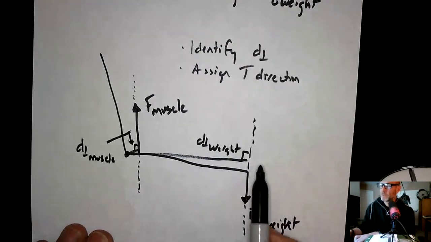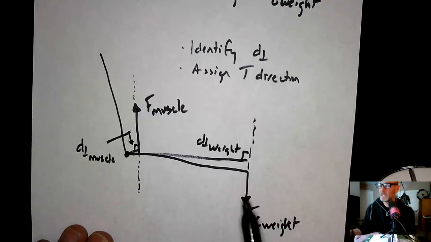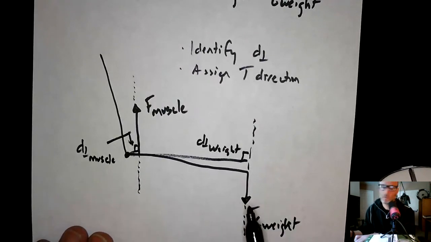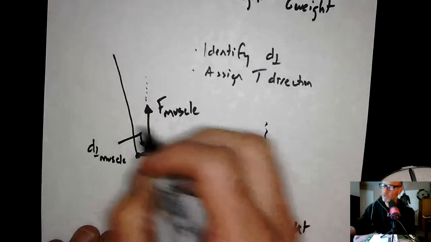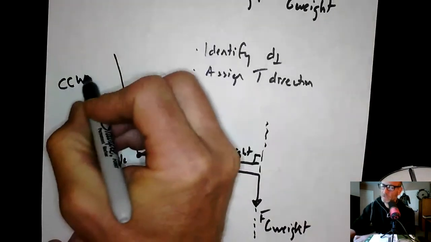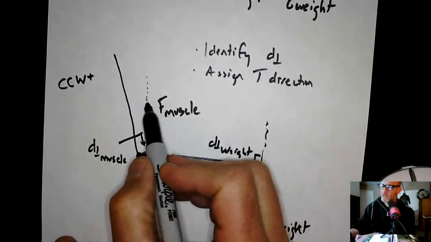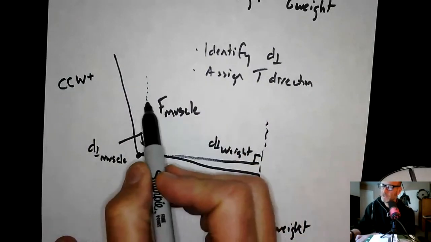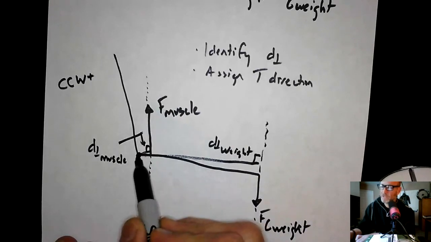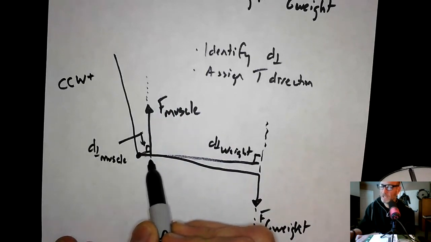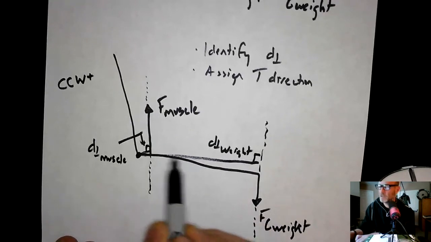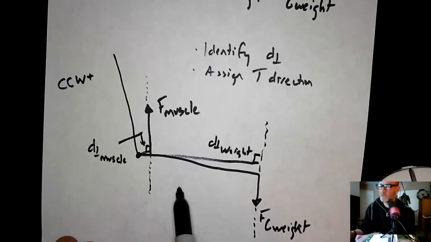Now that we have both those moment arms identified, we can identify the direction of the torque. And remember, we're always going to use counterclockwise as the positive reference frame. To do the direction of the torque, remember we did this in another video, we start at the tip of the force vector, we go around the axis of rotation, and we end up at the tail, and we cannot cross the lever arm here.